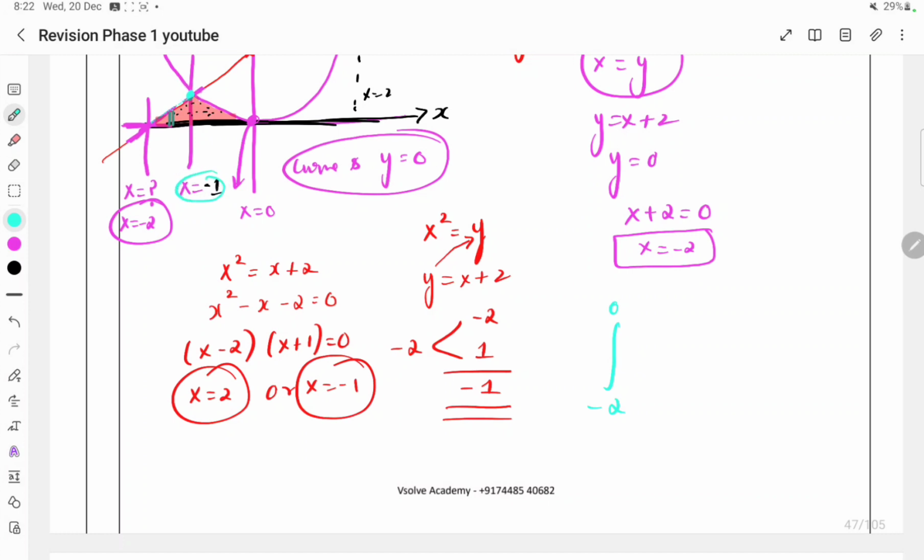Once it crosses this point, it is not touching the line. So I just have to shade this. It is touching the line till this point x equal to minus 1. So you can write from minus 2 to minus 1, the strip touches the line.